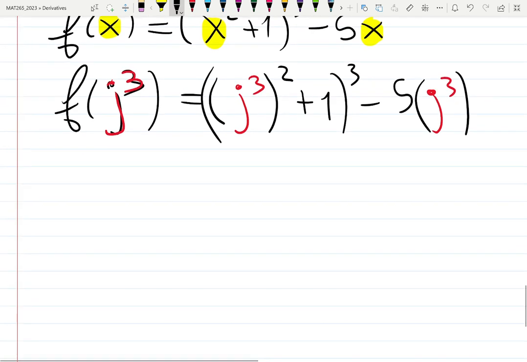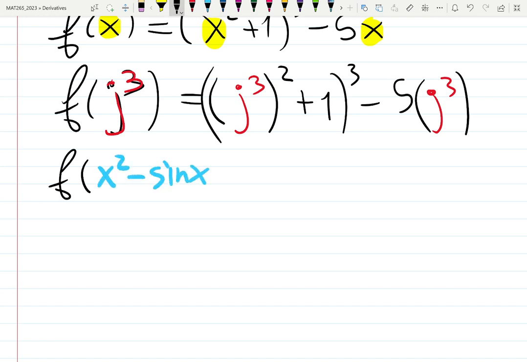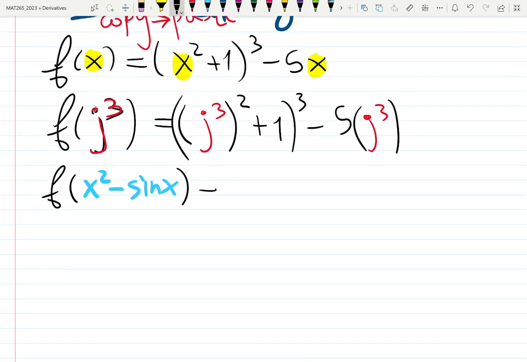I will ask you in the future to plug in a whole function. Can you find f at x squared minus sine x? It's the same thing. You copy x squared minus sine x, and you paste it everywhere you see x.